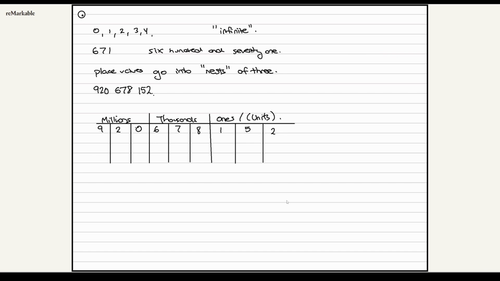So 920,678,152. And that's how we represent it in written form, or spoken form, rather. So as you can see, these are now nests of 3, and that's how we can communicate that a bit more effectively.